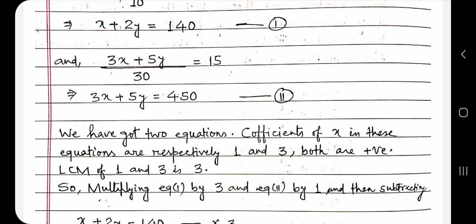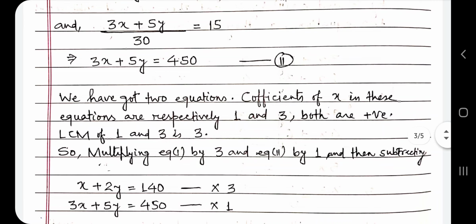If we multiply equation 1 by 3, the coefficient of x will become 1 into 3, that is 3. And the second equation we multiply with 1, because the coefficient of x is already 3, so that we will get 3x + 5y = 450.